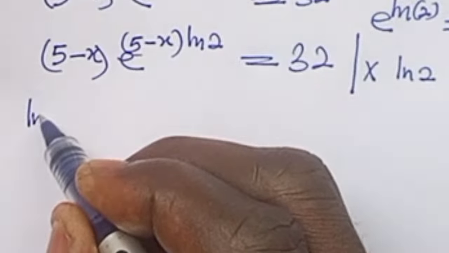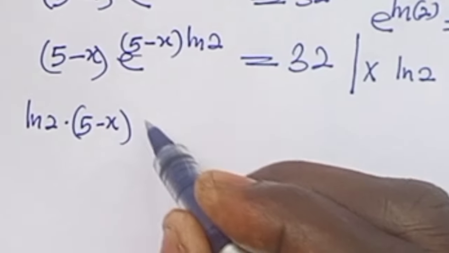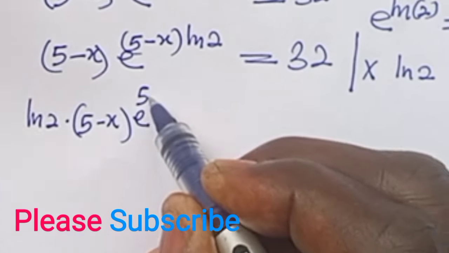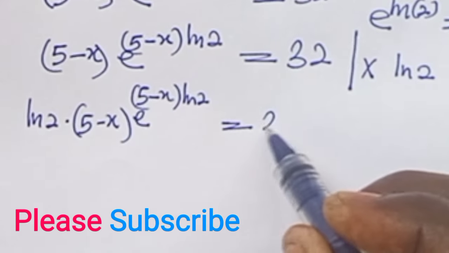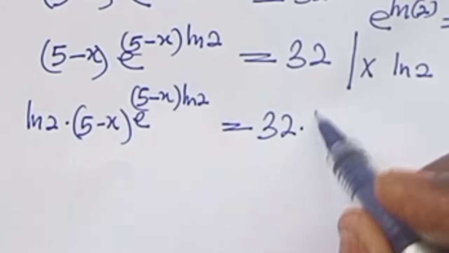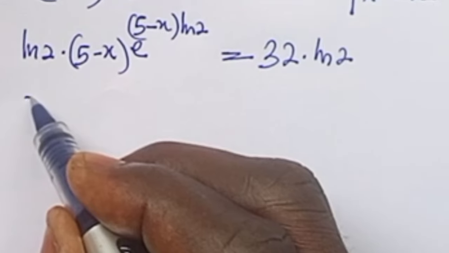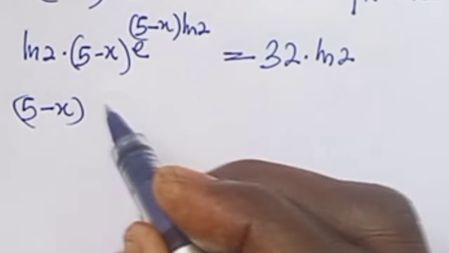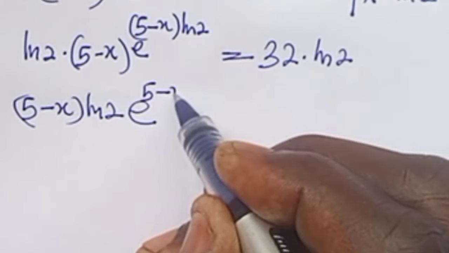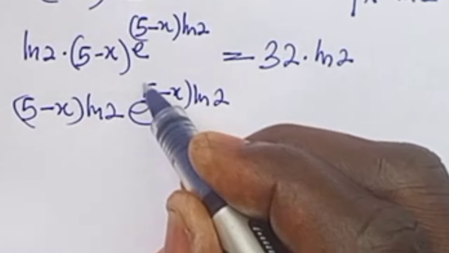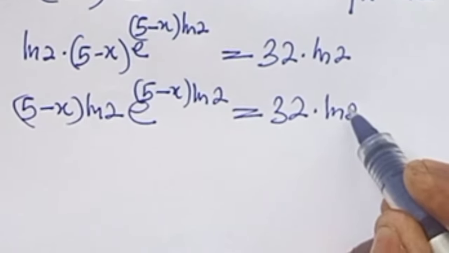So that ln 2 times here 5 minus x exponential 5 minus x times ln 2 equals to 32 times ln of 2. And if we rearrange this, we have 5 minus x, ln 2, exponential 5 minus x ln 2 equals to 32 times ln 2.